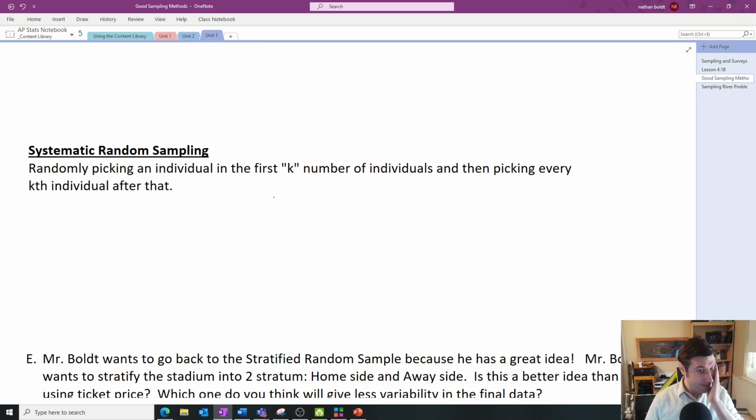What this does is you randomly pick an individual in the first k individuals, then pick every kth individual after that. But what does that mean? I have to draw a picture. Imagine we had all 100,000 people lined up in a line.